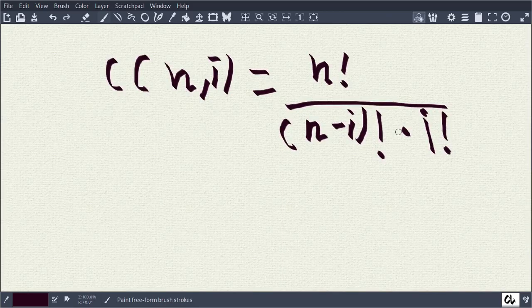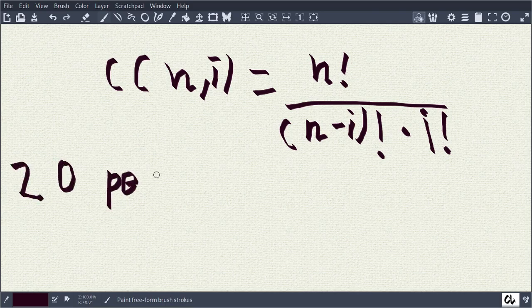And what this basically means, now we read this as combination of n comma i. This is how I read it. I do not know what they teach you in your schools, but now we need to know what combination is. So for what combination is, let's say we have 20 people, and, okay, let's go full anime style, right?